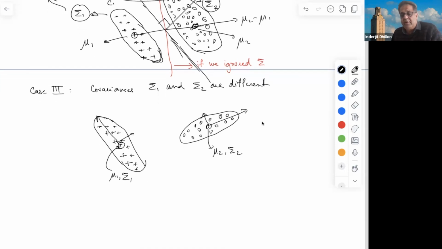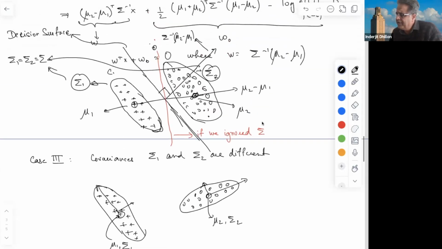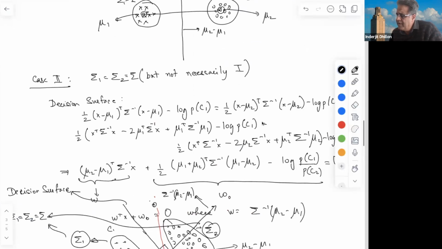So will the decision surface be linear now? I don't think so, because the quadratic part doesn't get canceled out.